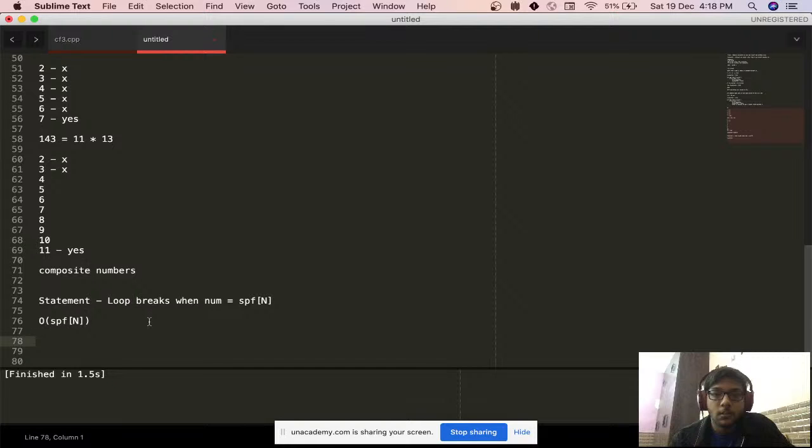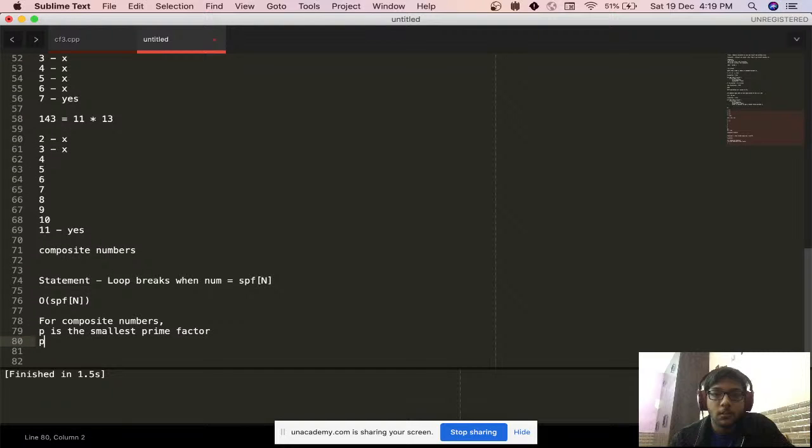Now, the special thing about this is that for composite numbers, let's say p is the smallest prime factor. So what it means is that p and the remaining part x are going to make n, right?